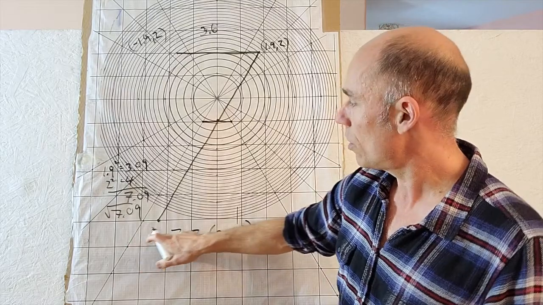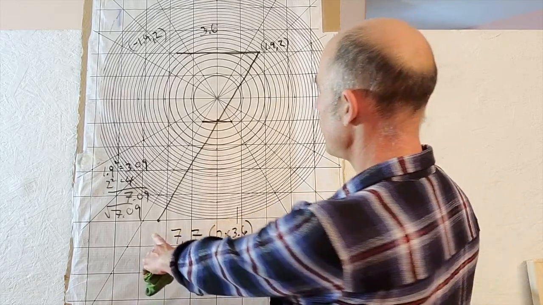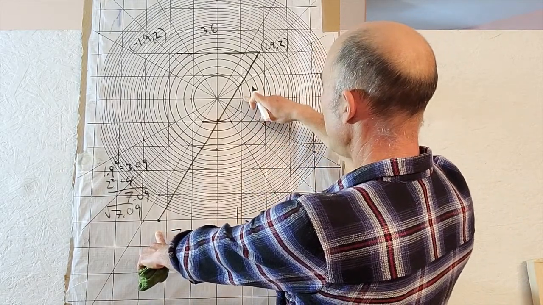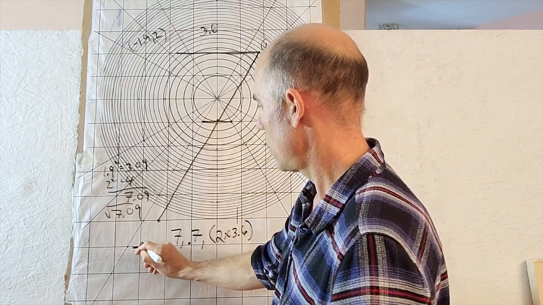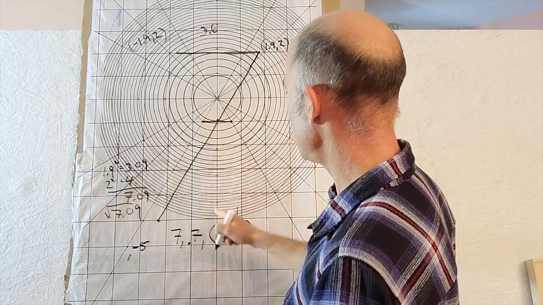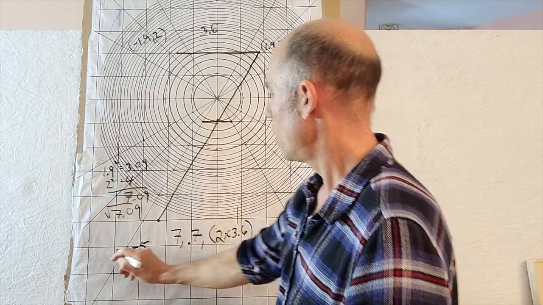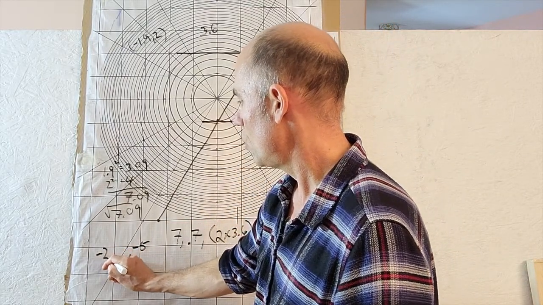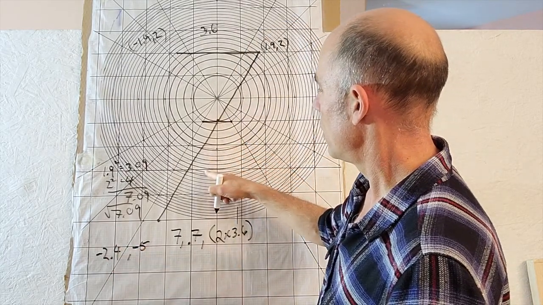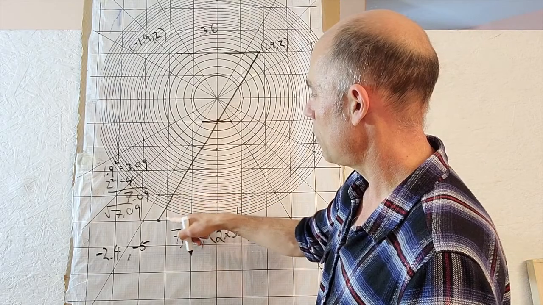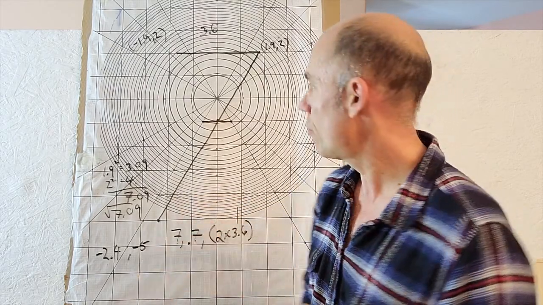I'll just write the coordinate points here of this point. The y is going to be 1, 2, 3, 4, negative 5. And the x is negative 2.4.